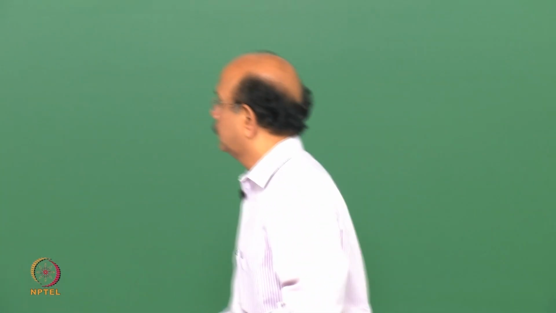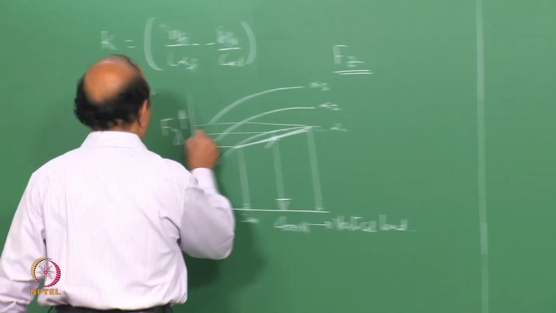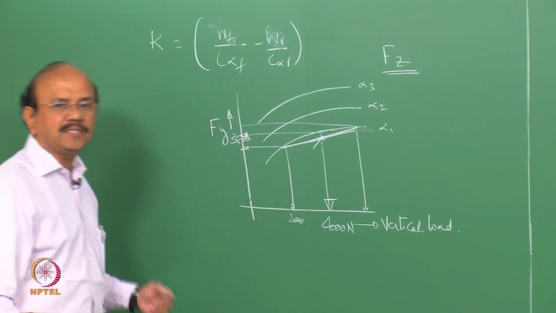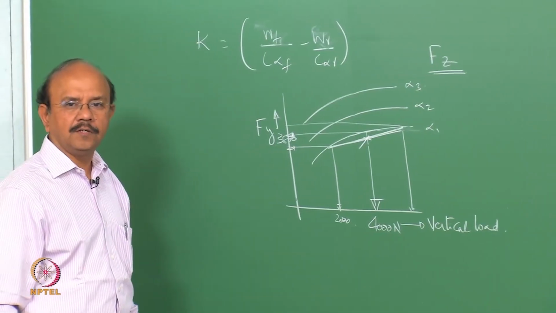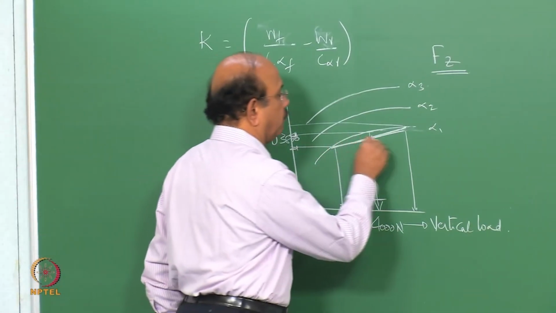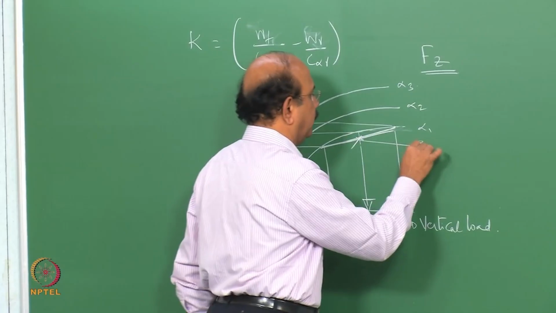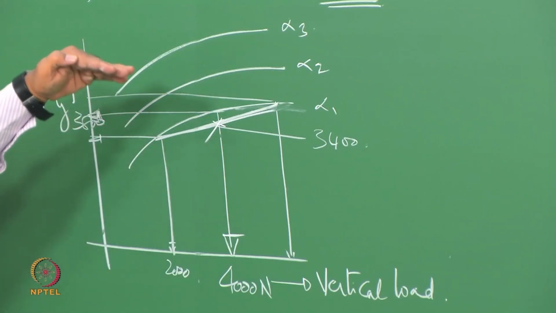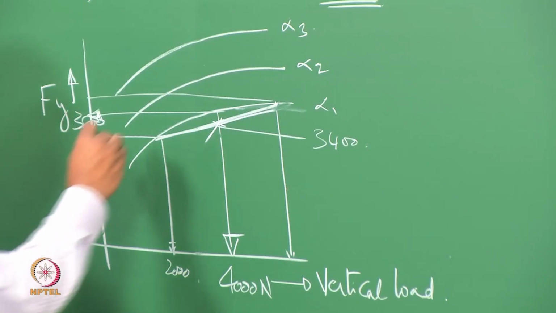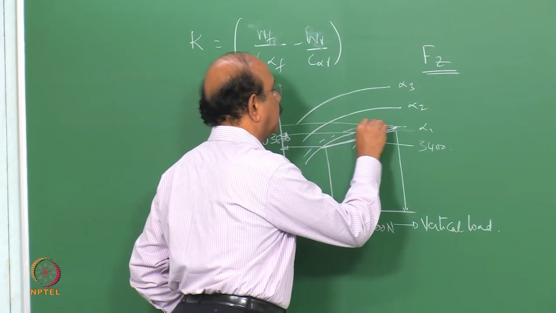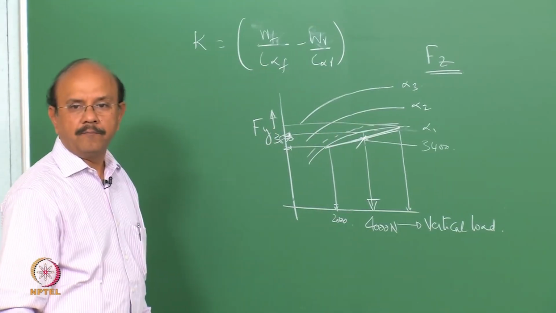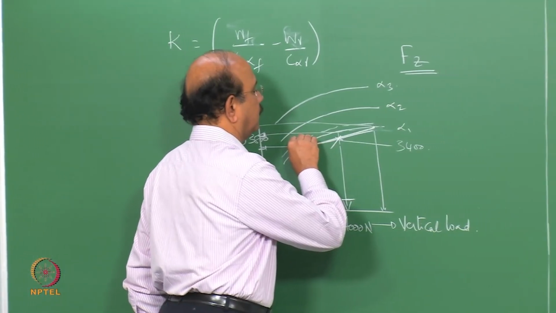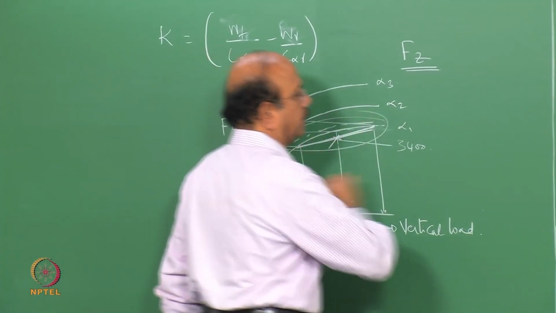So if this were the equilibrium, let's say that it is 3800 or something like that, if this has to be the equilibrium force, now I'm falling short, maybe I will get say 3400, that difference of 400 has to be generated, so I have to work at a higher alpha. I'll just exaggerate that here.